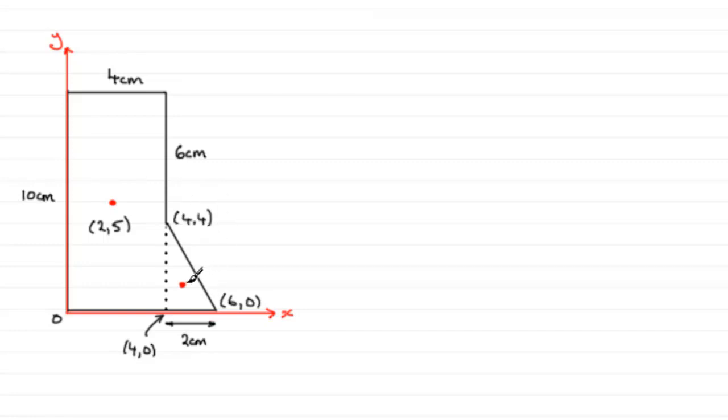So if we're going to work out the coordinates of the center of mass for this triangular lamina, then we need to consider that triangle. So we'll just have a subtitle here. If these coordinates are x bar, y bar, we can say that x bar, y bar is going to be equal to the mean of the x coordinates and the y coordinates. So it'll be 4 plus 4 plus 6 all divided by 3, and that will be x bar.